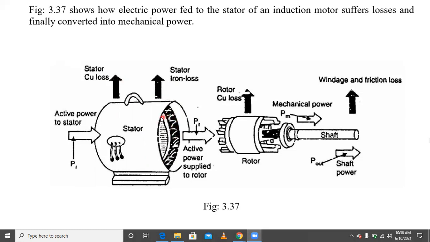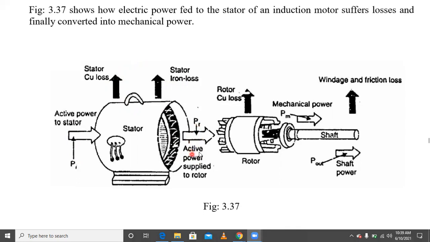The winding has some resistance, so stator copper loss takes place, and the stator core also has some losses, called stator iron loss. The stator input PI minus these losses is called the stator output.